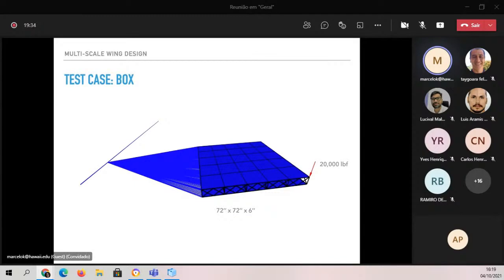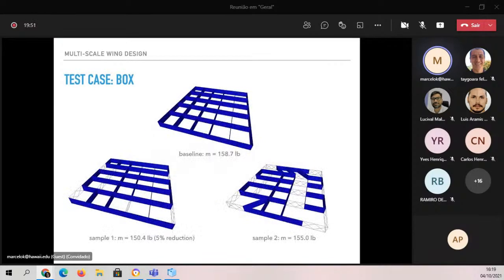And before we went for the wing, we did a test case with a box with a simple constant pressure over the whole box and a concentrated load at the tip, so that we break symmetry. And here is just a result that we obtained. This is a relatively simple problem, and we got an improvement, but in this case it was just 5%.